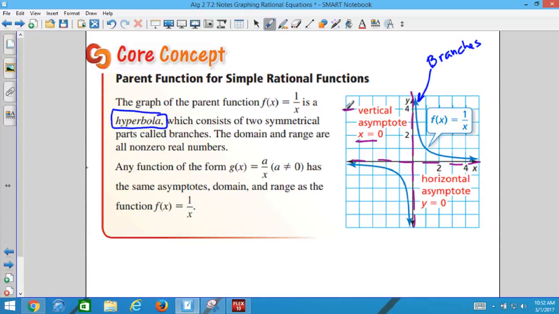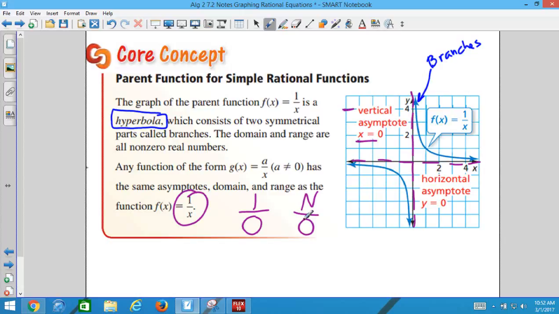This is why we have an asymptote. What happens if I take this graph and I plug in 0 for x? You cannot have a number over 0. It's like grade school, you can't divide 1 by 0.